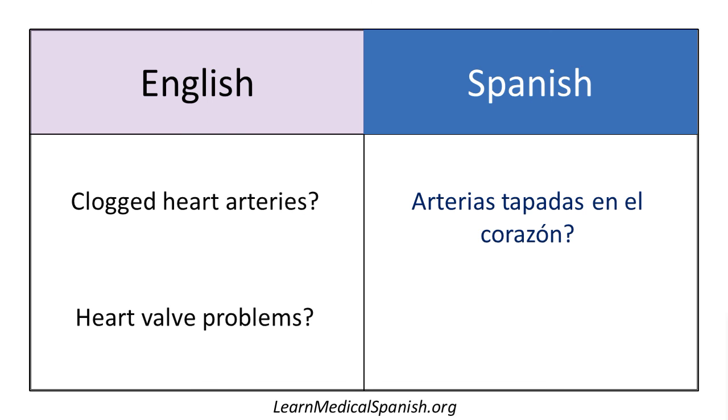And I know some of these phrases are kind of complicated, but if you can even just remember one key word from the phrase, then that might be useful in the future. Like tapada means blocked, or tapado if it was something masculine that was blocked. So arterias tapadas would be blocked arteries or clogged arteries.